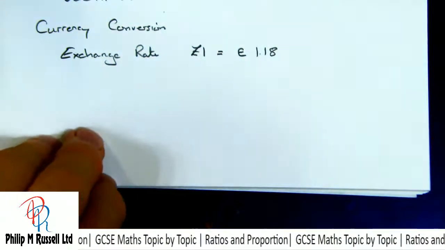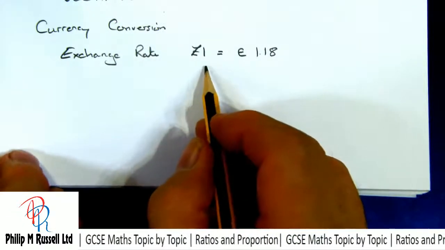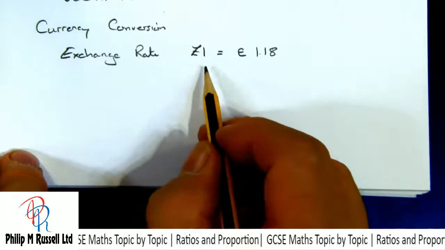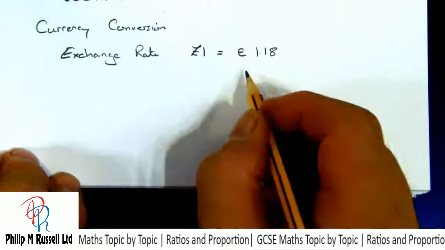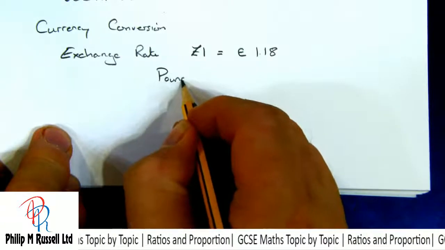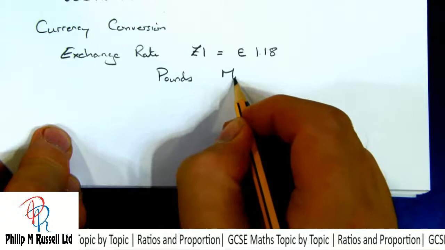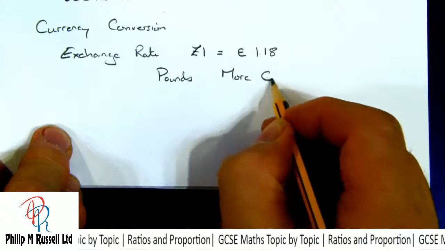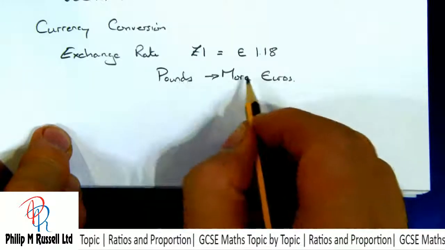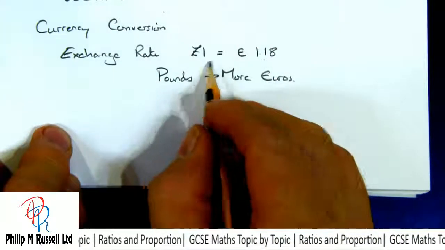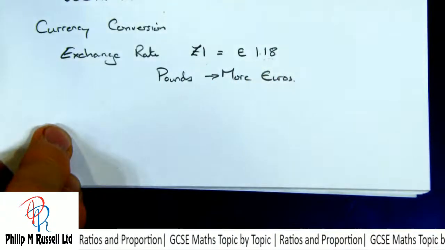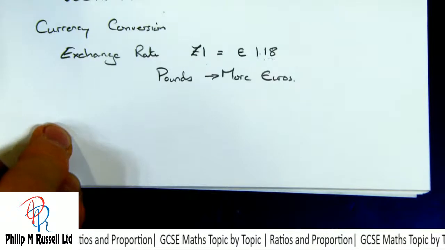So if I have got pounds, then I'm going to get more euros. £1 would give me 1.18 euros.